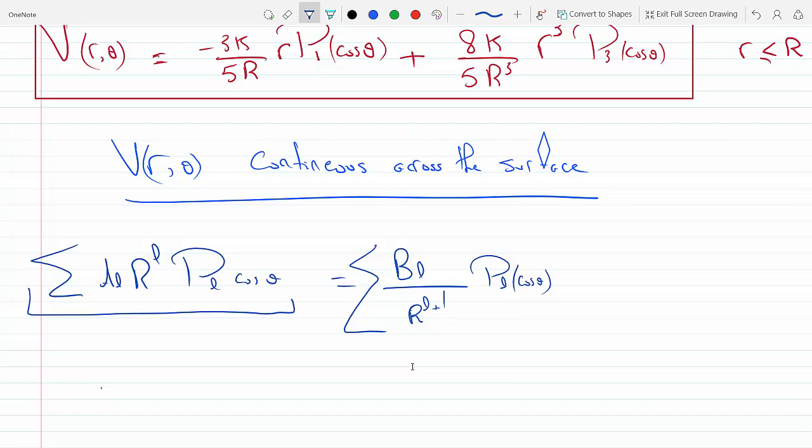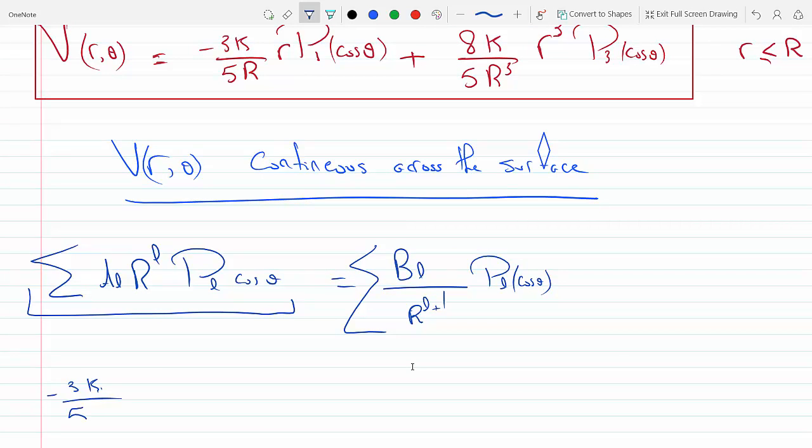At r equals R, what's the left hand side? It's minus 3k over 5 r.